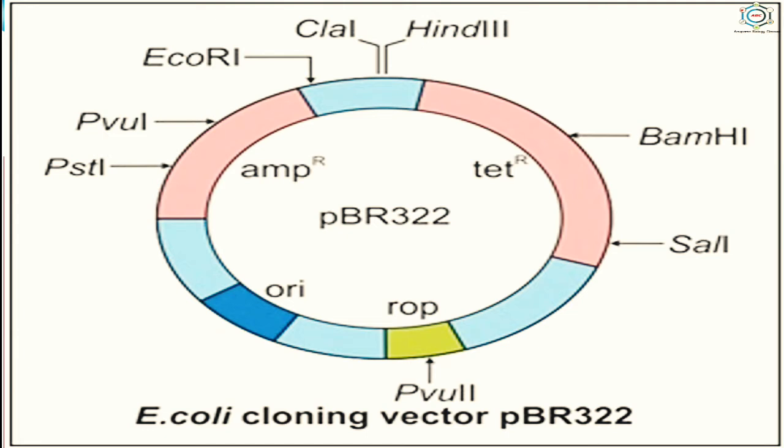So this is the diagrammatic representation of the E. coli cloning vector, that is pBR322, showing restriction sites, that is HindIII, EcoRI, BamHI, SalI, PvuII, PstI, ClaI, origin of replication, that is ori, and here rop codes for the proteins involved in the replication of the plasmids.